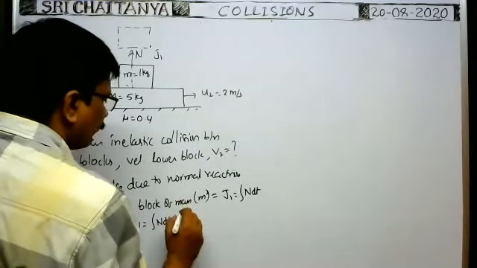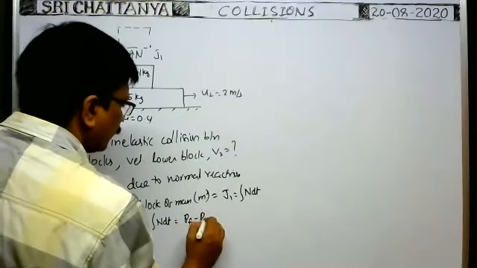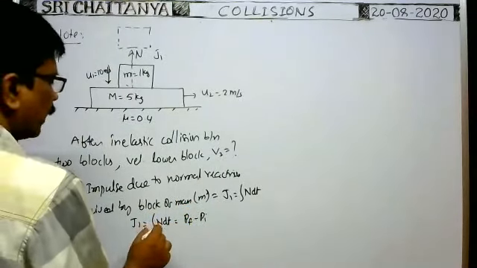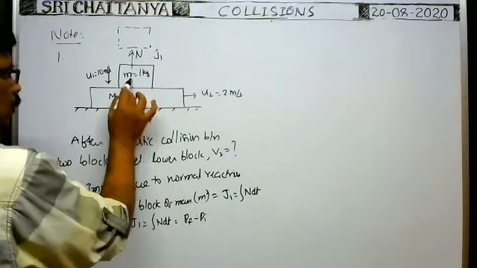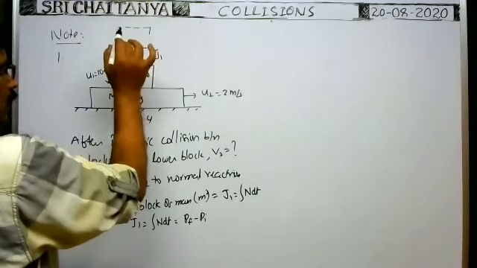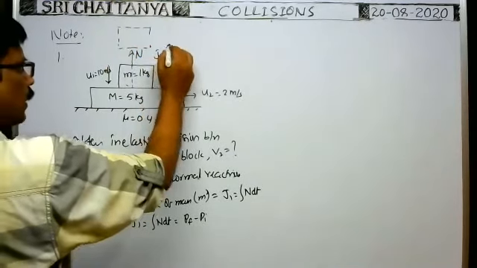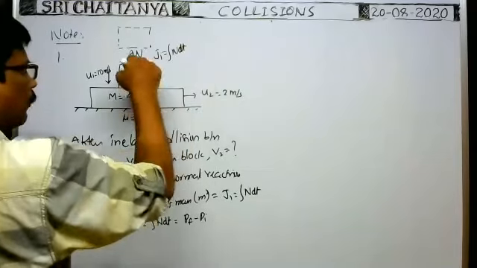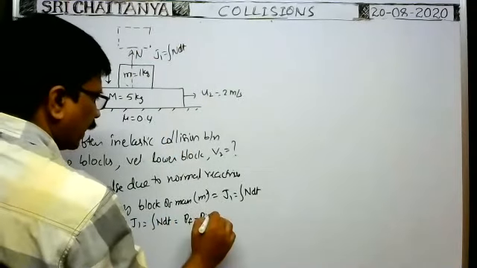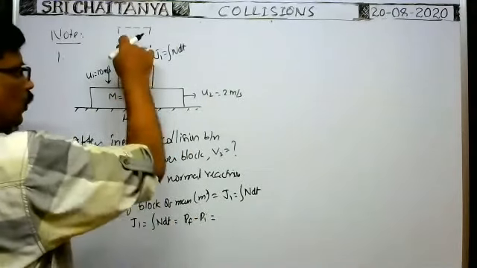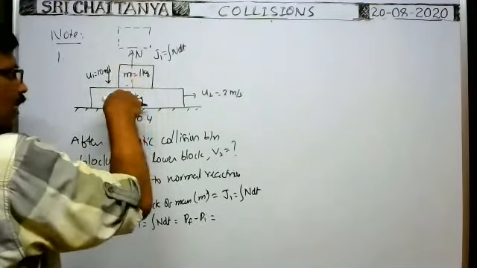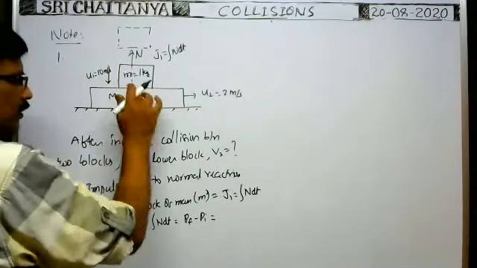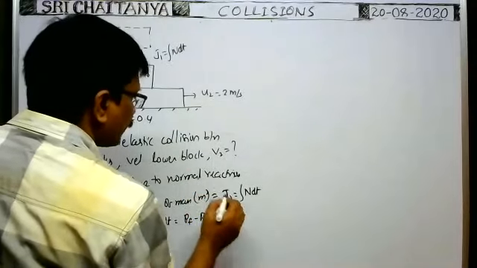That is equal to the general formula, final momentum minus initial momentum. The impulse due to the normal reaction between these two is in the upward direction. Whenever it makes collision, along this vertical direction, as it comes to rest, the final momentum is 0 minus initial momentum.